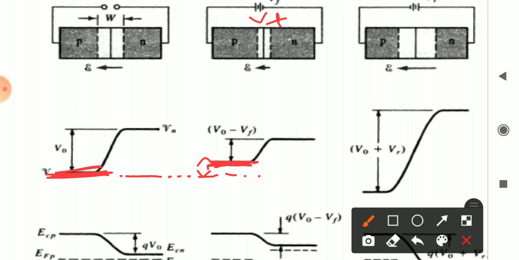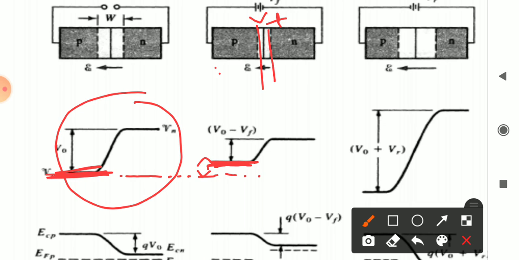Now this graph is explained by considering 1 coulomb of charge moving from P to N. Similarly here, 1 coulomb of charge moving from P to N region, what will happen? That 1 coulomb of charge moving at the junction gains potential energy and reduces its kinetic energy. So it will gain potential energy. For that reason, this is an increasing slope, then with that potential energy, it will move into the N region.